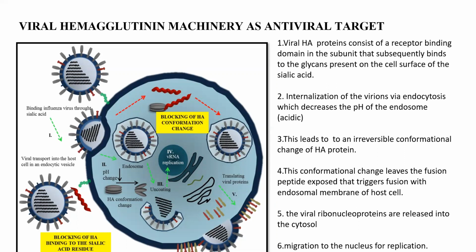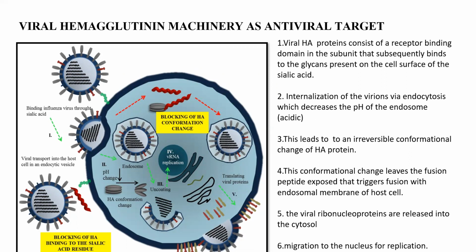So when there is a conformational change, the fusion peptide of this particular HA protein is exposed. When it is exposed, this triggers the fusion with the endosomal membrane of the host cell, and thus the viral ribonucleoproteins are released into the cytosol. They migrate to the nucleus for subsequent replication, and the entire cell is taken over by the virus itself.